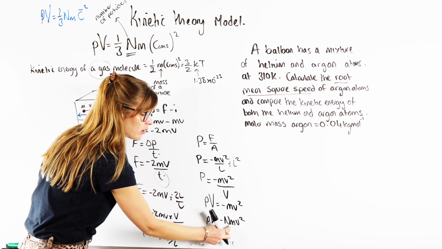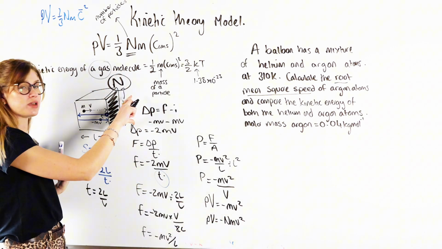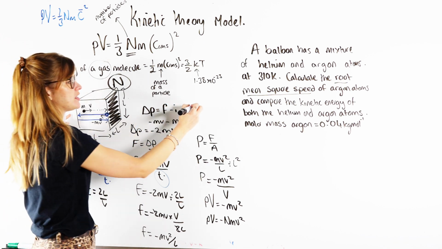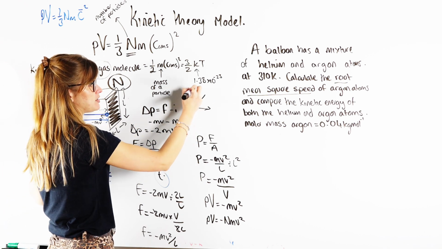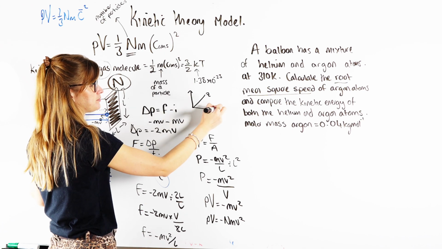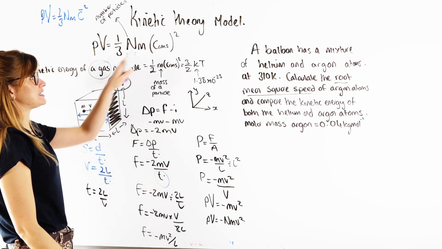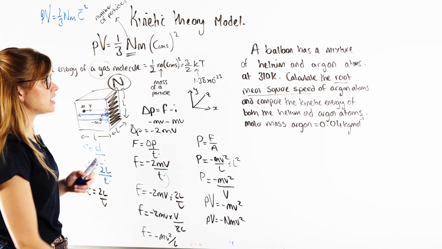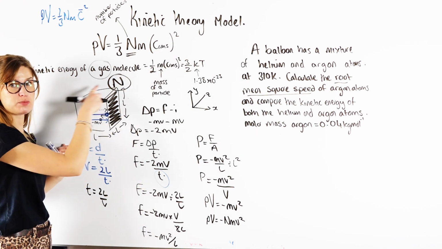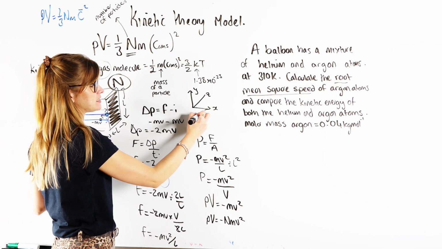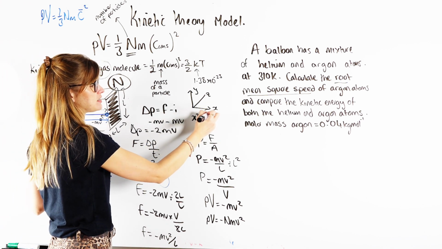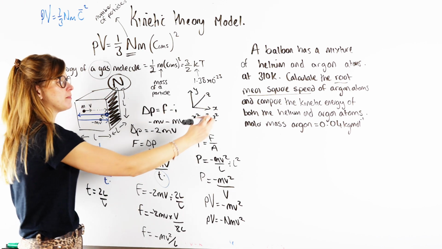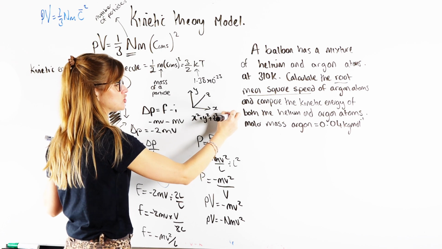However, not all particles are moving in that x dimension we modeled. Particles can move in the x dimension, the y dimension, and the z dimension. That's why we use c RMS squared, the root mean square speed. If I take all my speeds in the x direction, add them to my speeds in the y direction and my speeds in the z direction, we can take the mean of those, and that becomes my c squared.